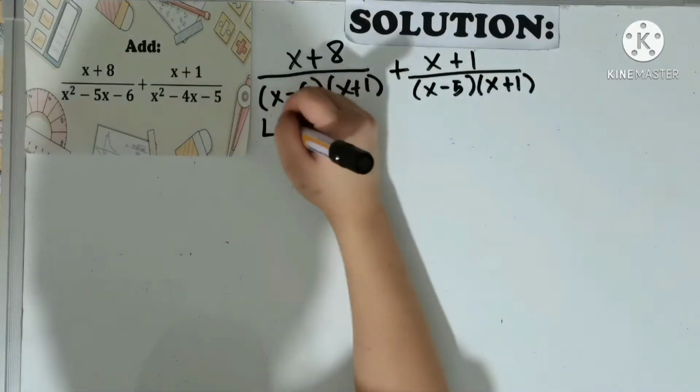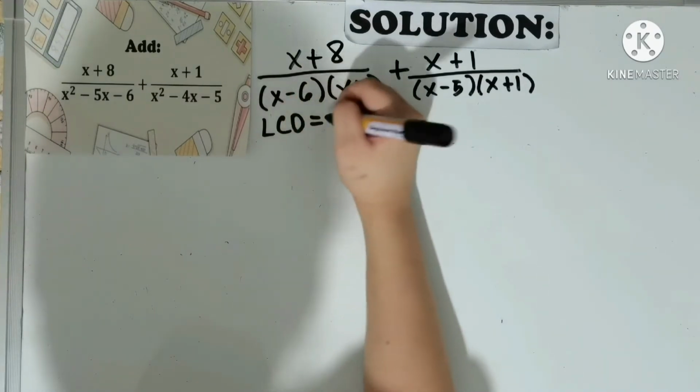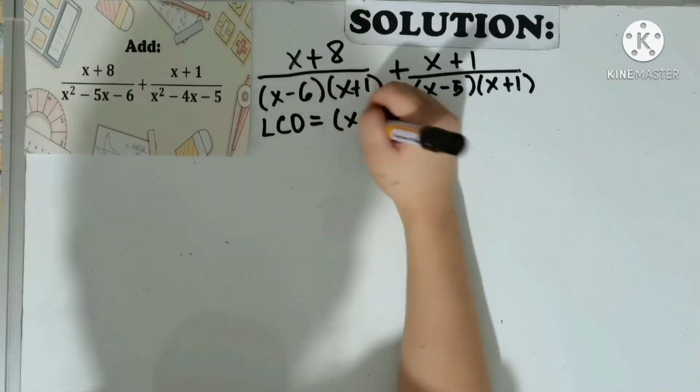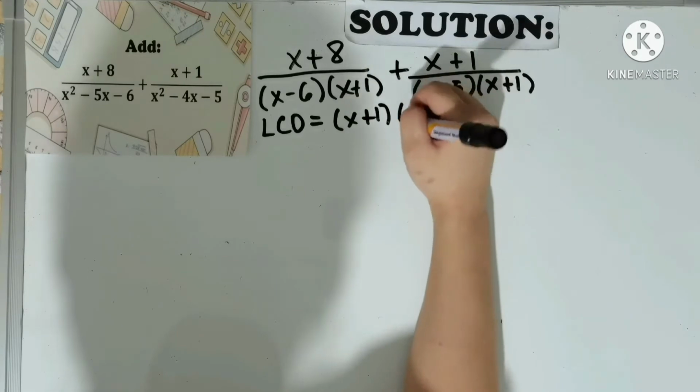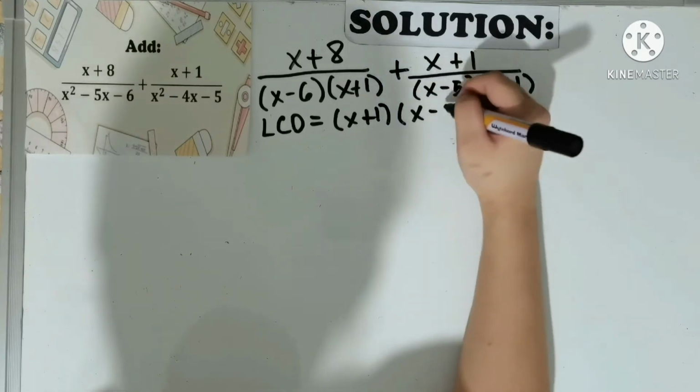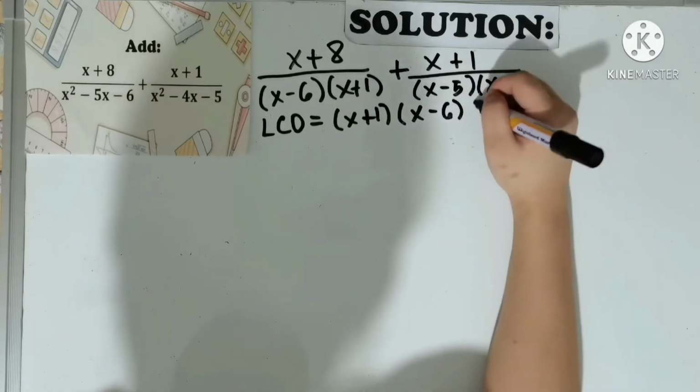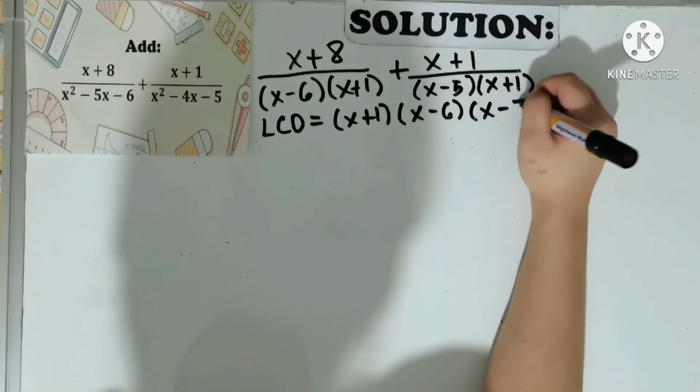As you can see, our LCD is equal to the quantity x plus 1 multiplied by the quantity x minus 6 multiplied by the quantity x minus 5.